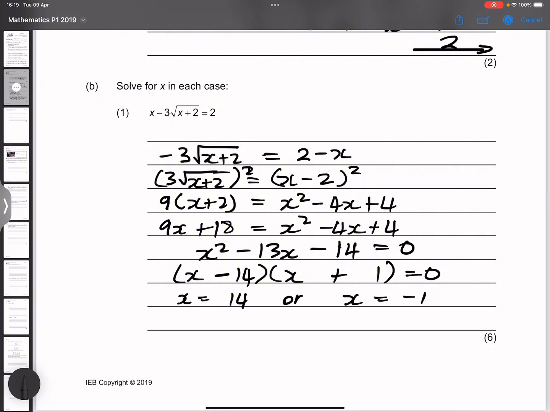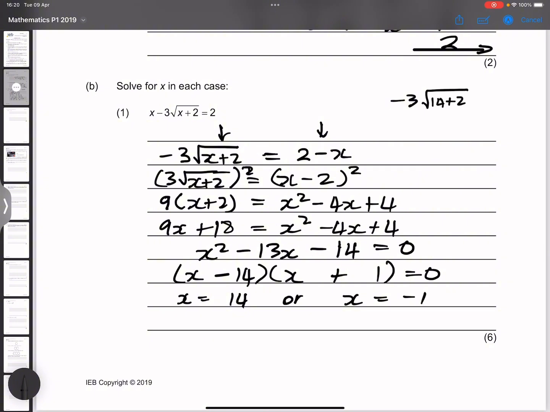Now, please remember, ladies and gents, you need to always go back to your equation to check if any of these solutions do not actually qualify. So let's take this one, 14. I'm going to substitute it on the left-hand side and the right-hand side. And what do you get? I get negative 3 times the square root of 14 plus 2, which is 16.